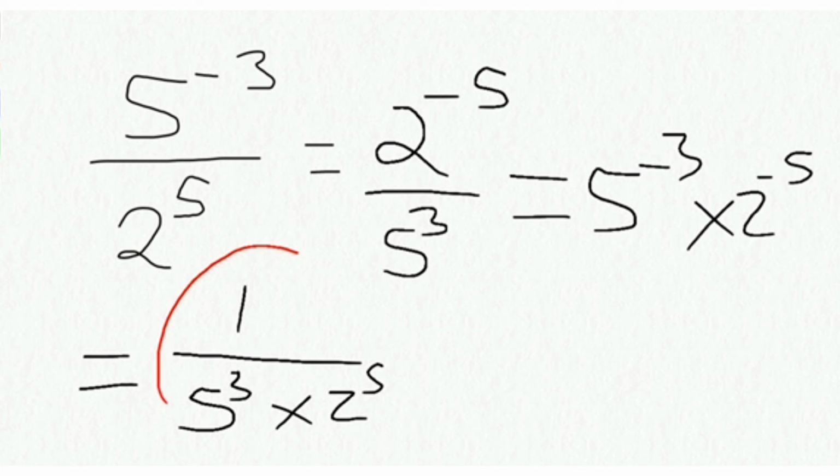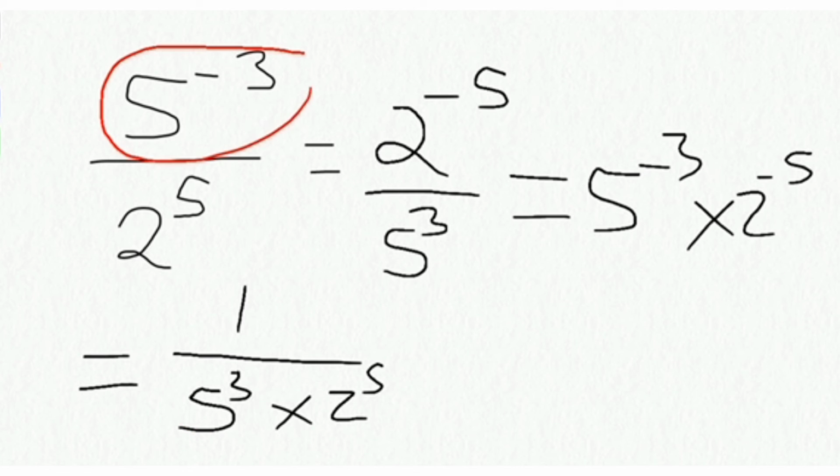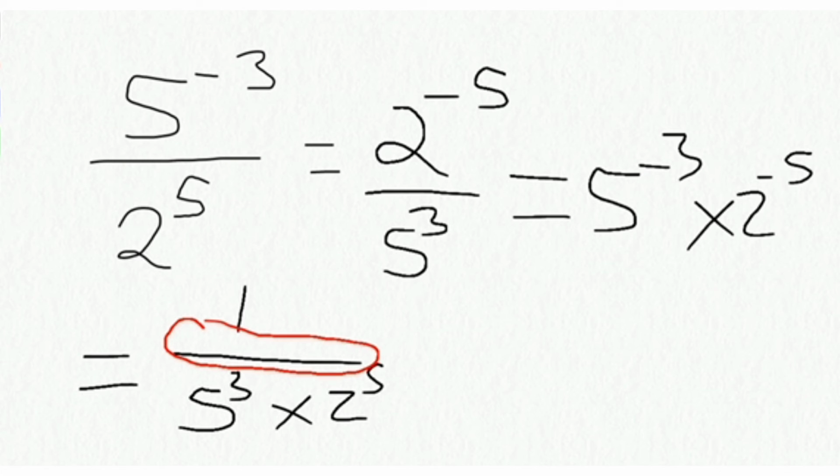And here we wrote 1 divided by 5 cubed times 2 to power 5 because this 5 to power negative 3 has moved down the division line, joining 2 to power 5, leaving only 1 on top.